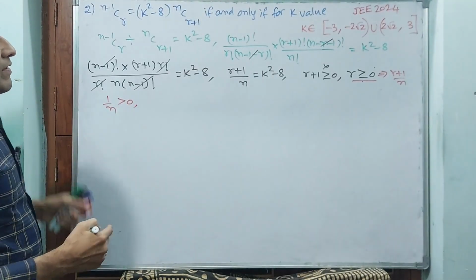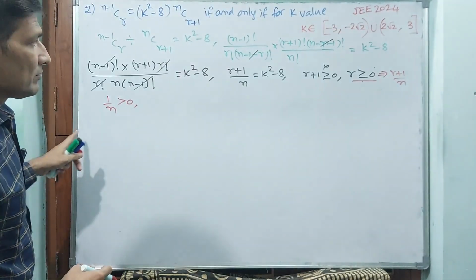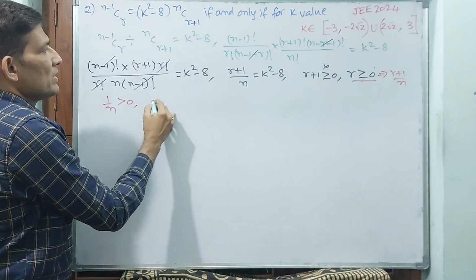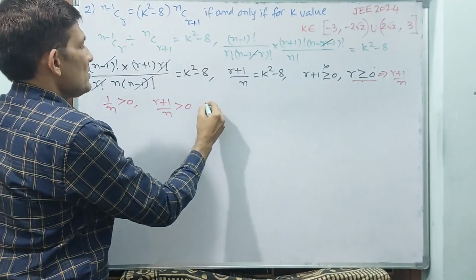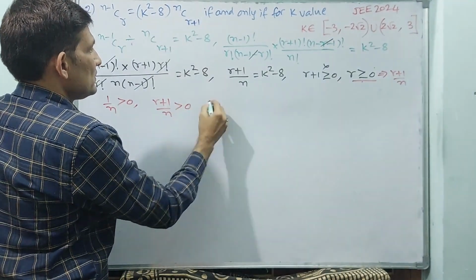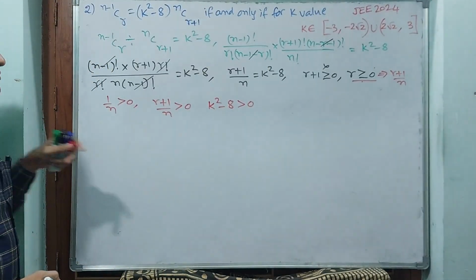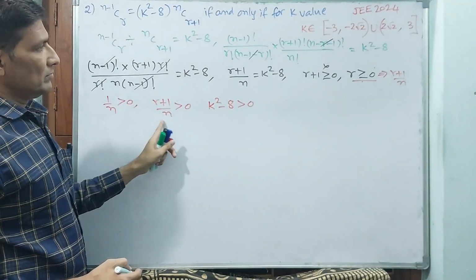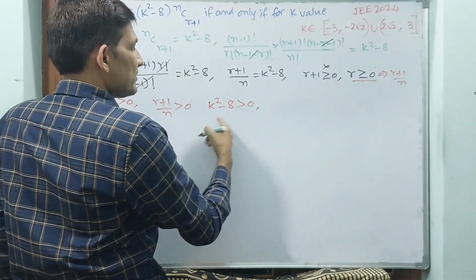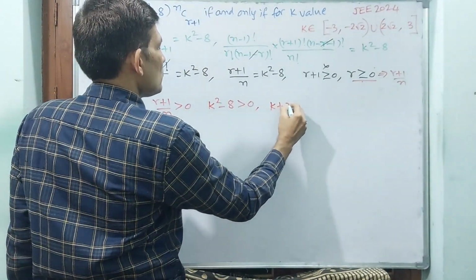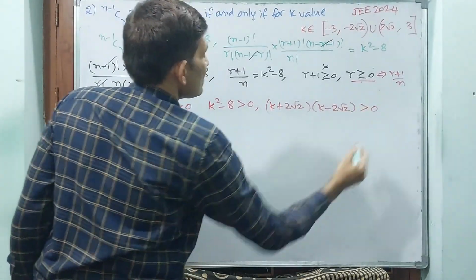Okay. (r plus 1) by n is greater than 0. That means k square minus 8 is greater than 0. Why? Because this is greater than 0. k square minus 8 is greater than 0 means, see, shall I take (k plus 2 root 2) into (k minus 2 root 2) should be greater than 0.